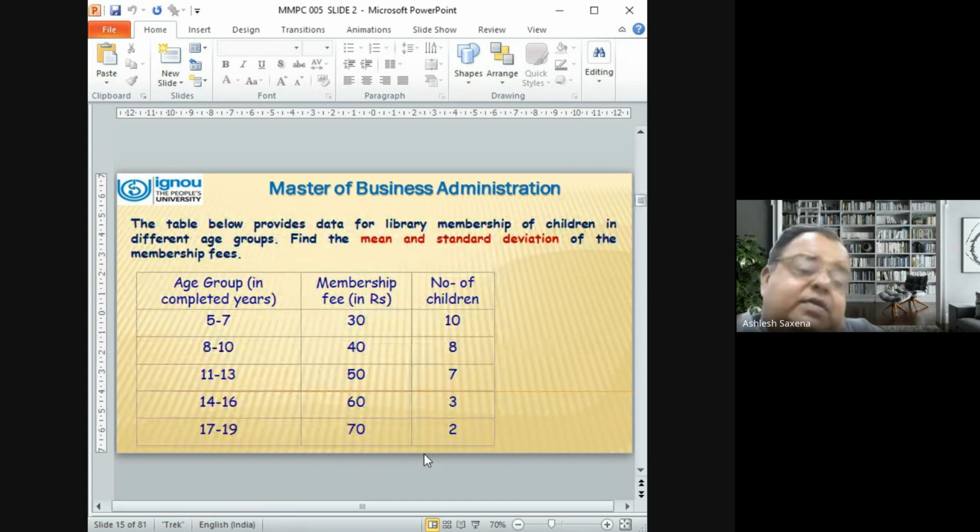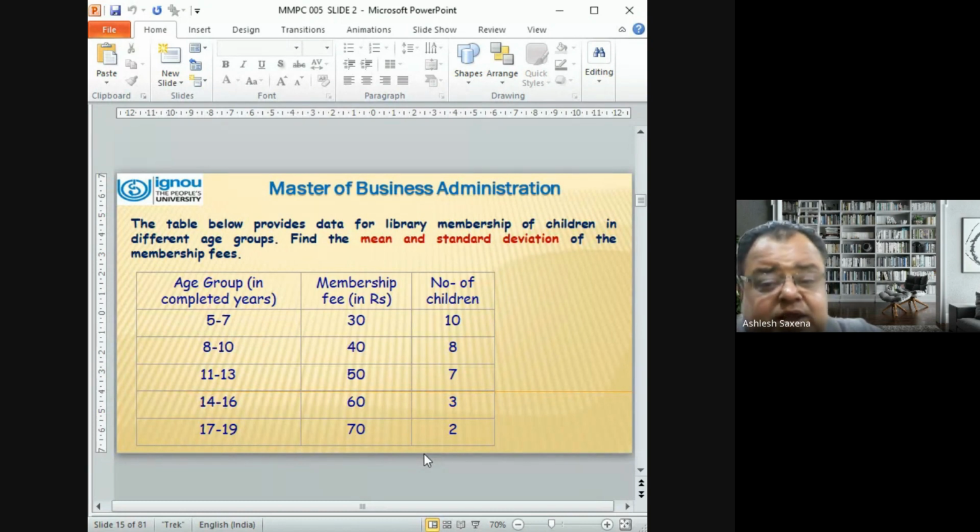Now we will do calculations. I hope everyone has pen and paper handy. This is the table below that provides data for library memberships of children in different age groups. We have to find the mean and standard deviation of the membership fee. Okay, now how to start with it?